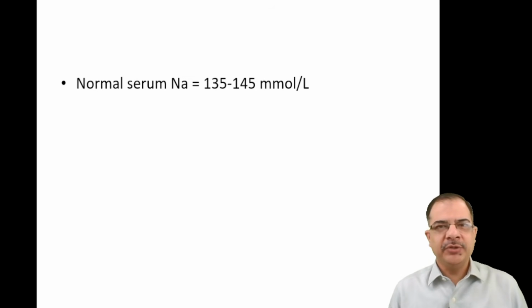Clinical features of hyponatremia depend upon how acutely or how fast hyponatremia develops and what the severity of the low sodium is. Normal sodium range is 135 to 145 millimoles per liter.